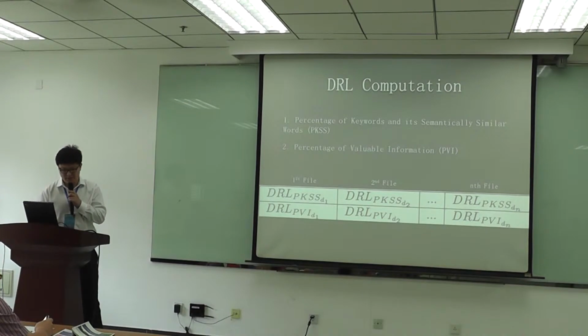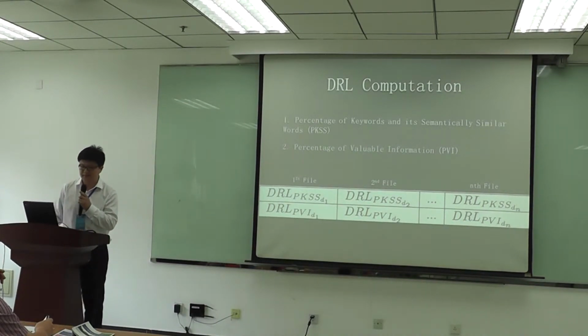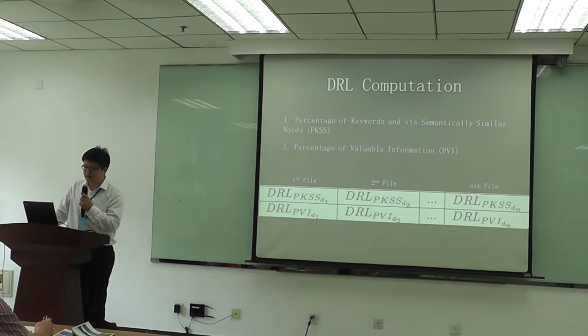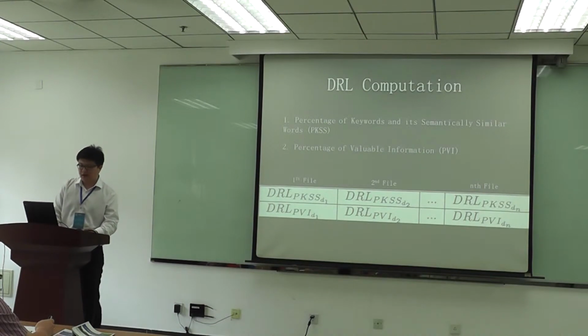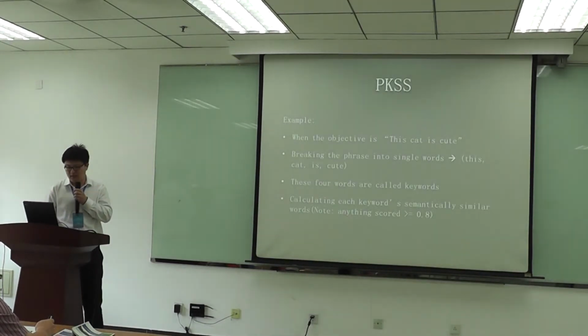For DRL computation, we achieve it by two major figures. One is PKSS, another is PVI. PKSS is the percentage of keywords and their semantically similar words. PVI is the percentage of valuable information. As you can see in the figure, it's a 2x8 matrix.